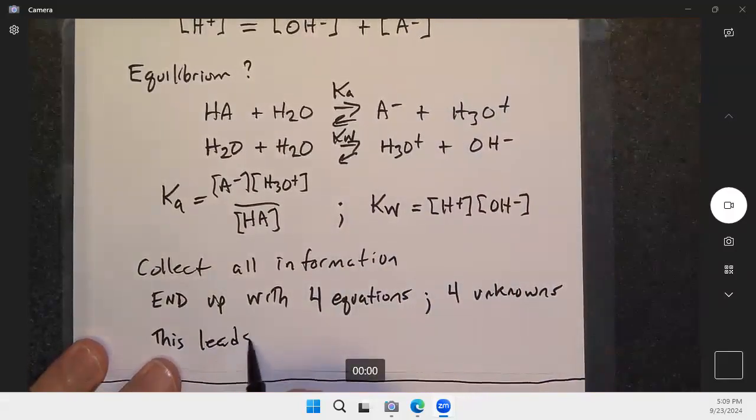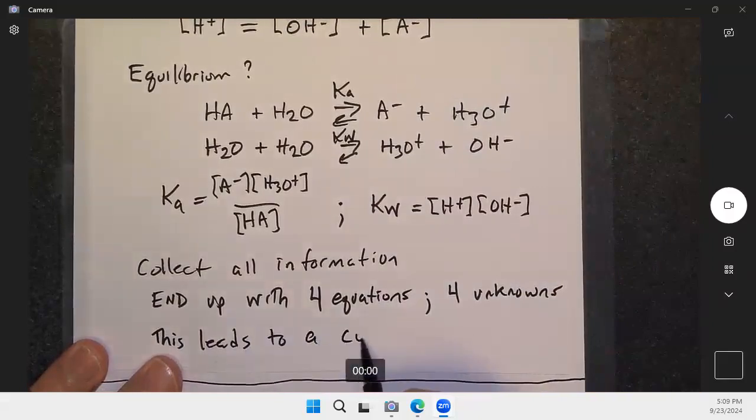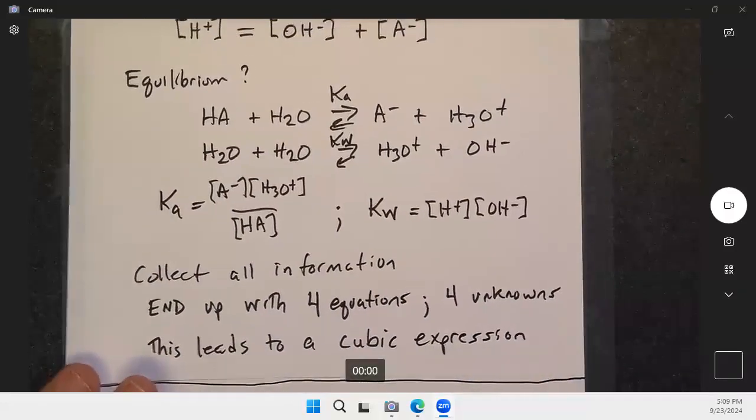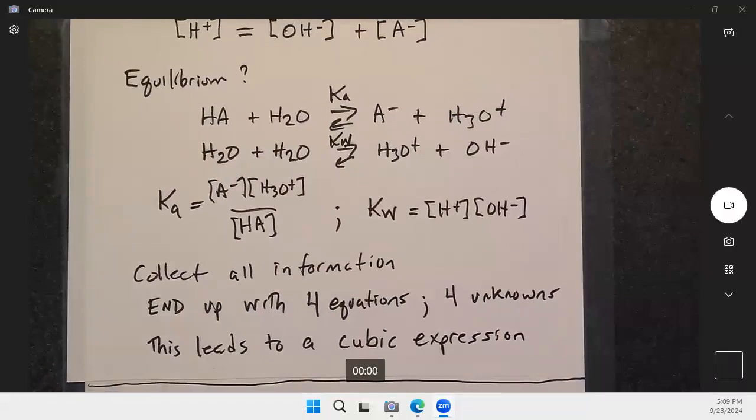This leads to a cubic expression, not a quadratic.